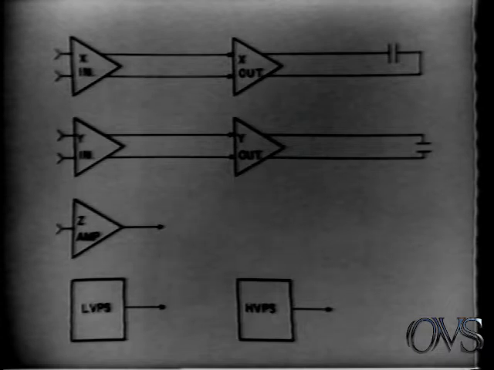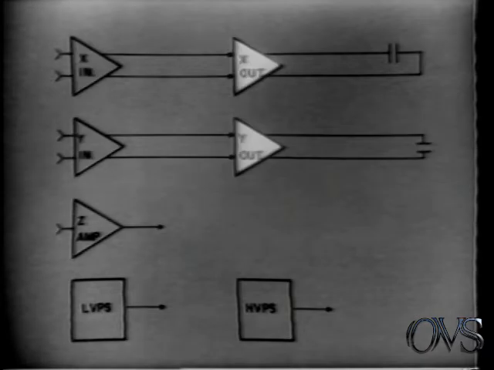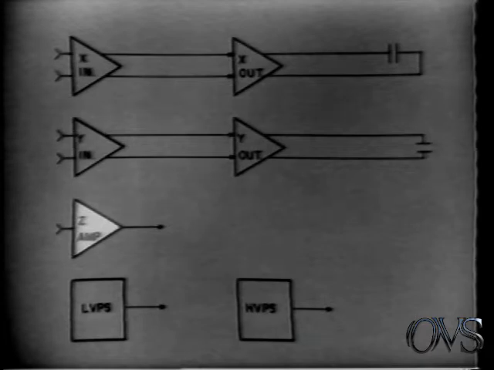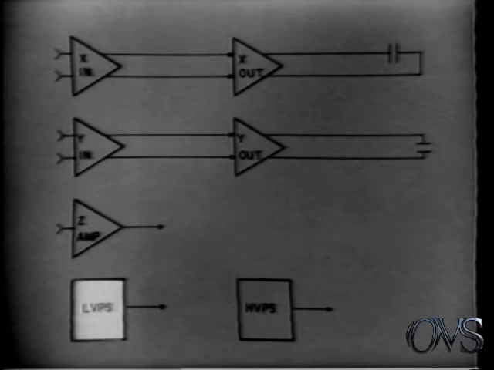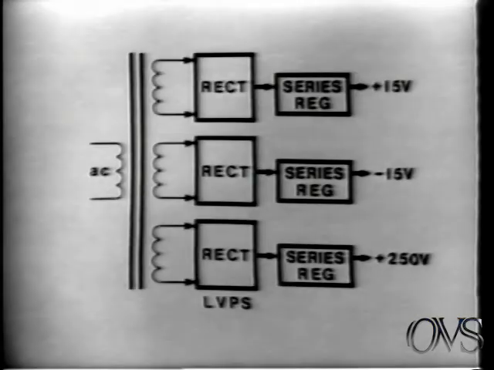Here's a simplified block diagram showing the X and Y-axis input and output deflection amplifiers, the Z-axis amplifier, which provides intensity and blanking control for the CRT, a low voltage power supply, and a high voltage power supply. The low voltage power supply is a standard regulated supply configuration.